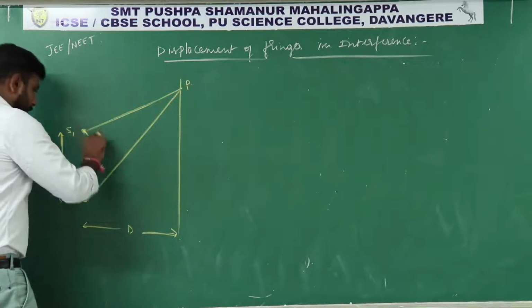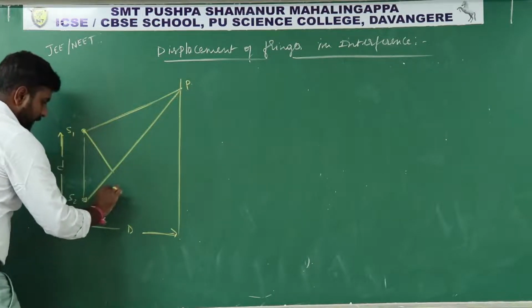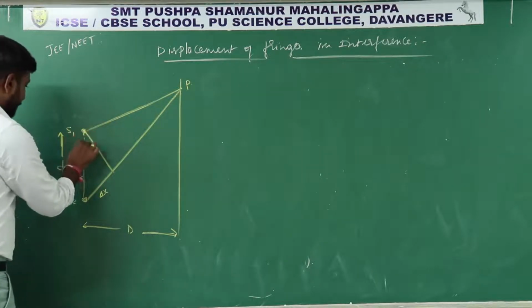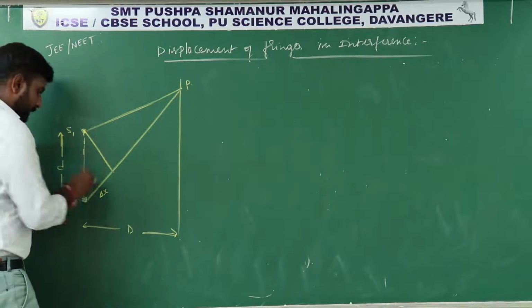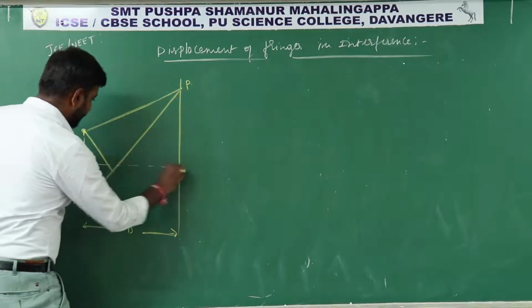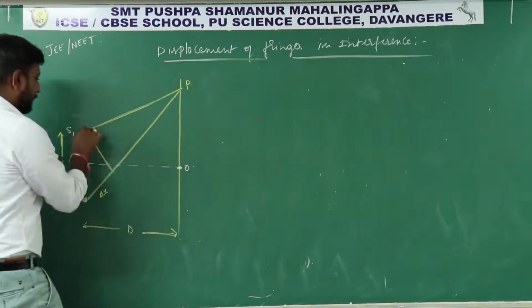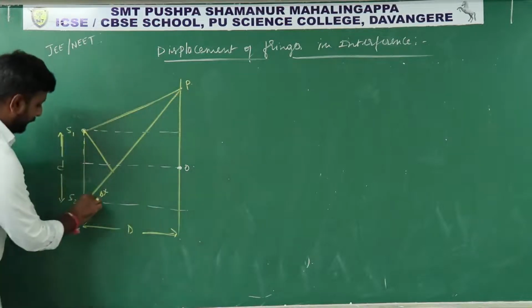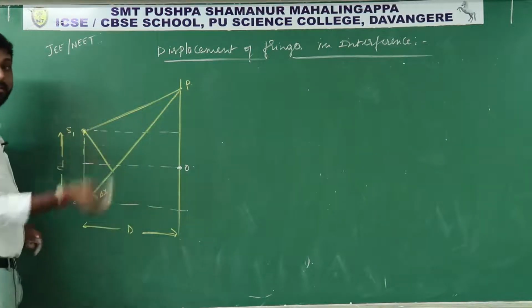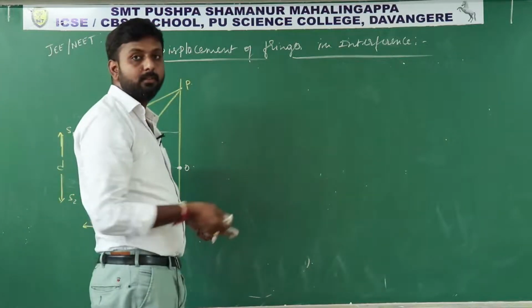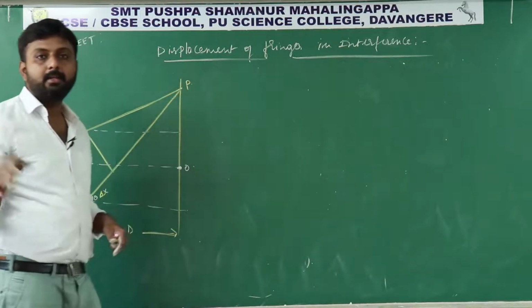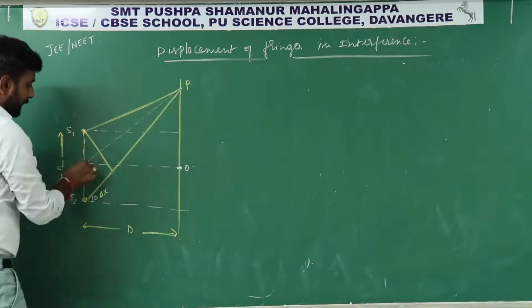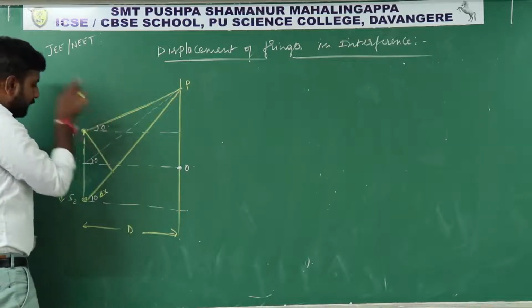Then you came to know that this delta x value is d sin theta, right? And this is the perpendicular bisector, like that you consider. This is the midpoint of the screen, and if we consider these angles theta after obeying two conditions, that is small d lesser than capital D and x lesser than capital D, then all the angles we can consider as the same theta and also small.